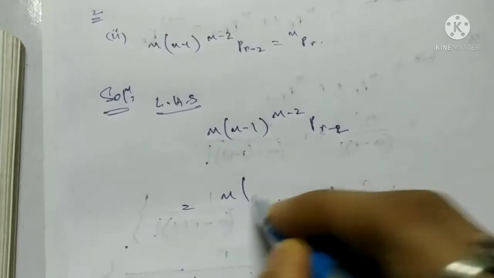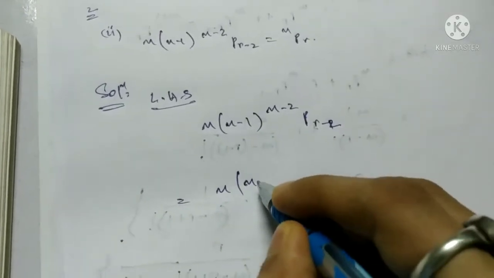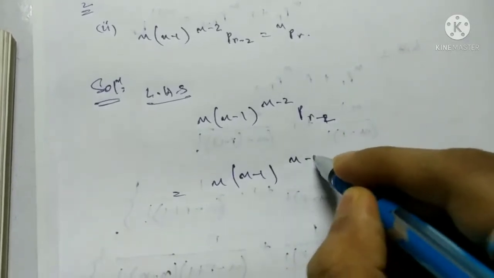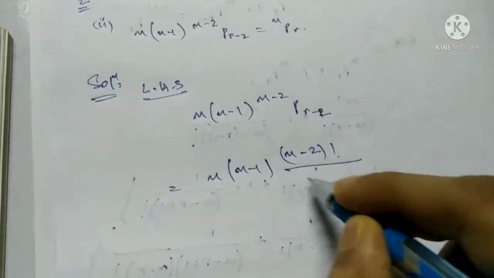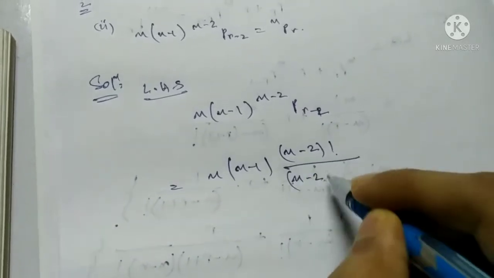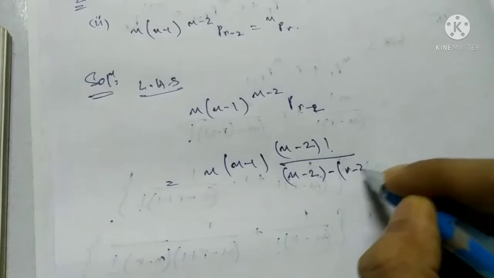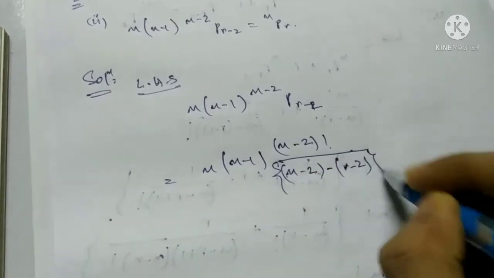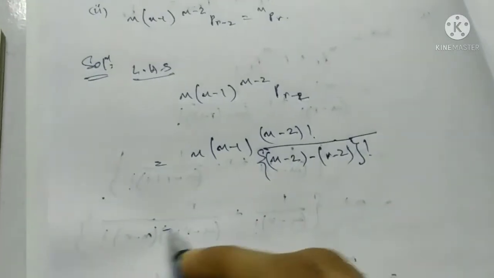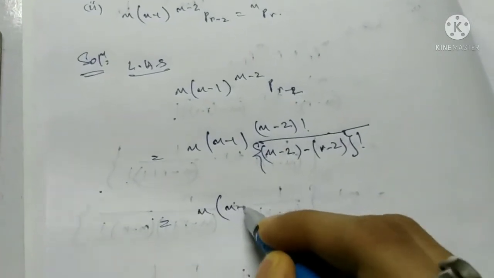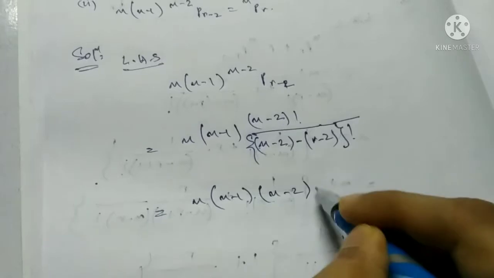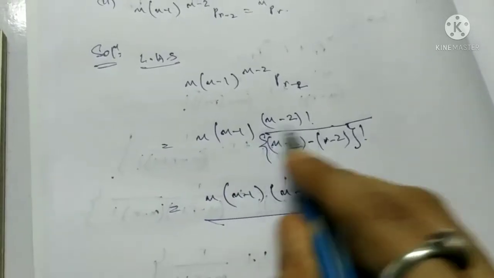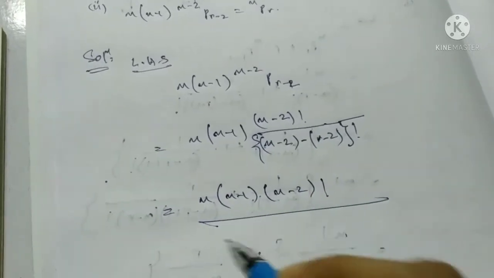So here you see this is n minus 1. This one I will get (n minus 2) factorial by (n minus 2 minus r plus 2) whole factorial. Now here, n into (n minus 1) into (n minus 2) factorial, this is multiplied, so I can write it like that.